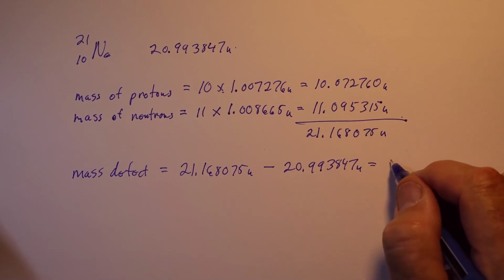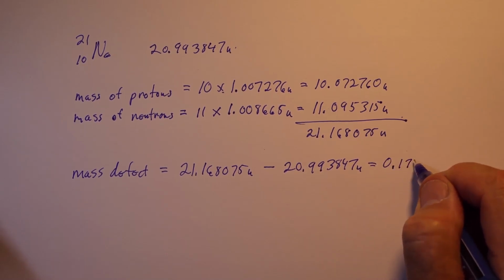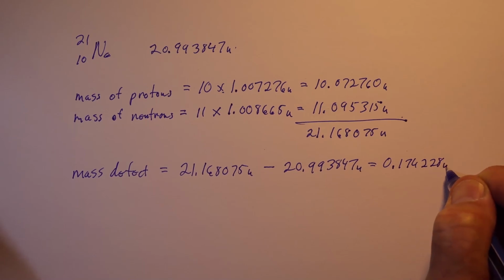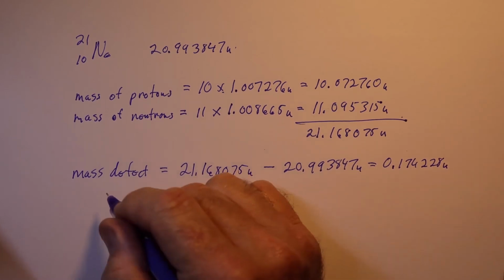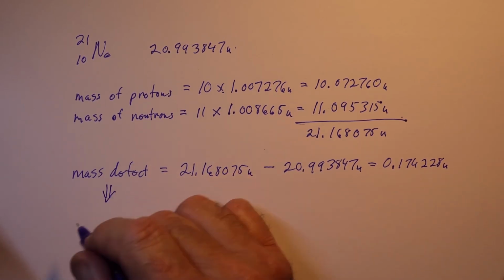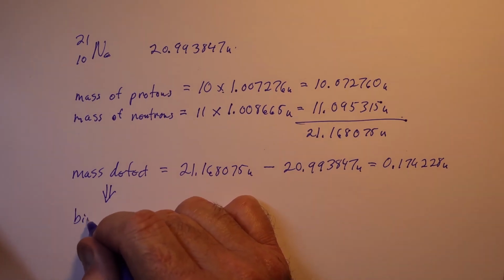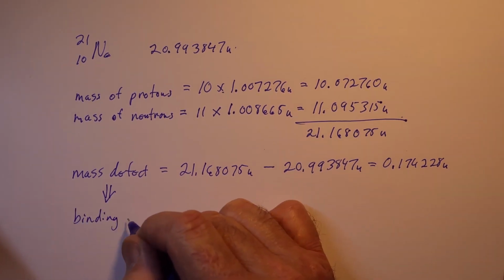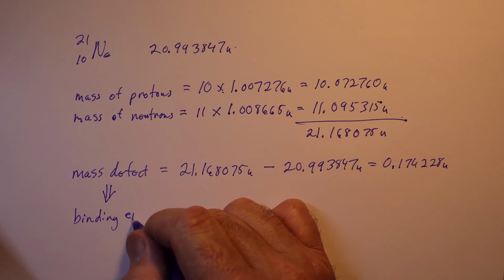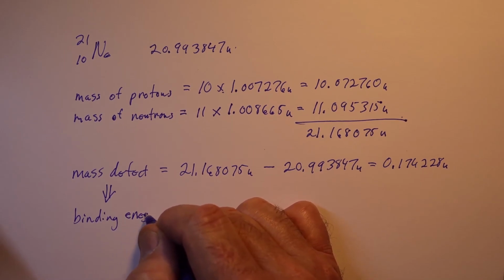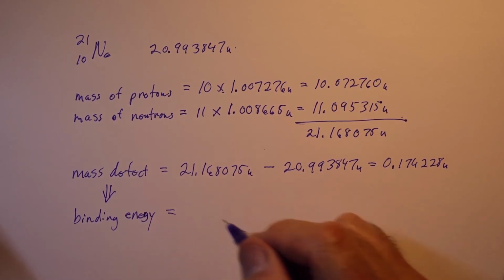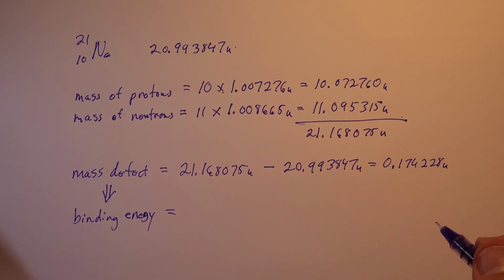And when we do that subtraction, we get 0.174228 atomic mass units. And again, this mass defect represents the binding energy that's holding everything together. Remember, it's the strong nuclear force that's holding everything together. But then that produces this binding energy.